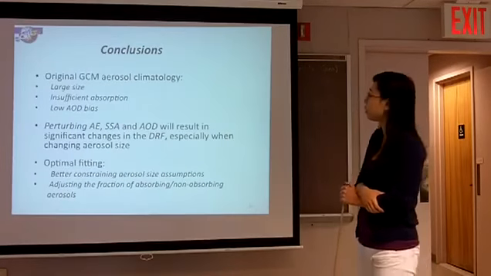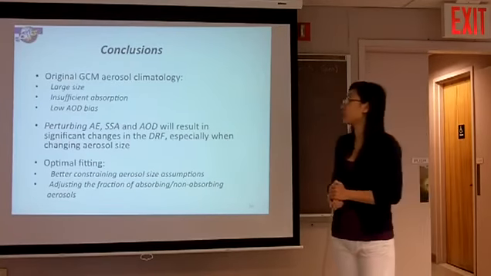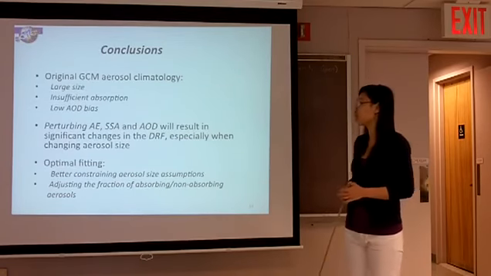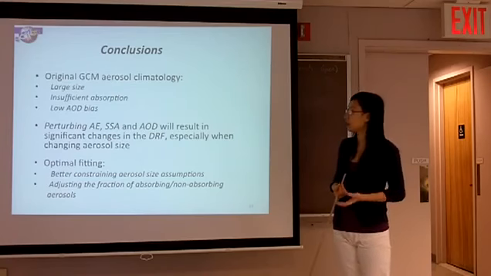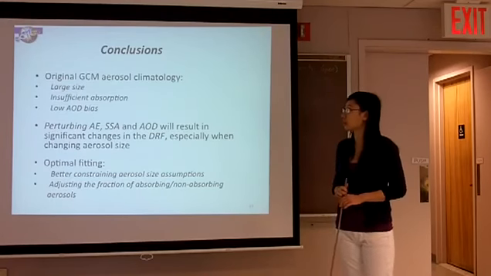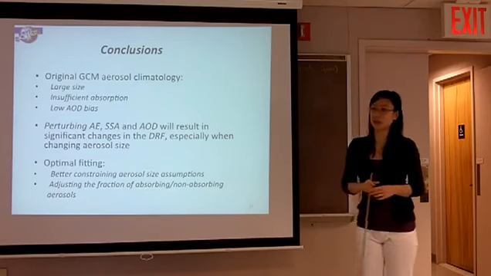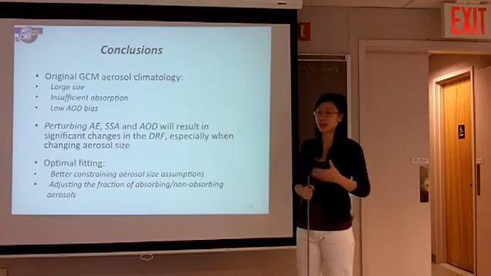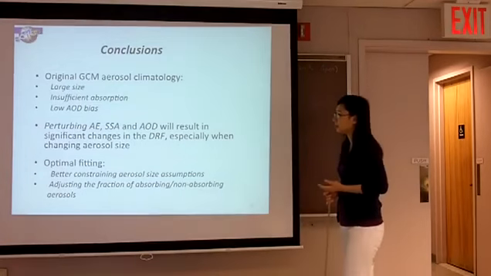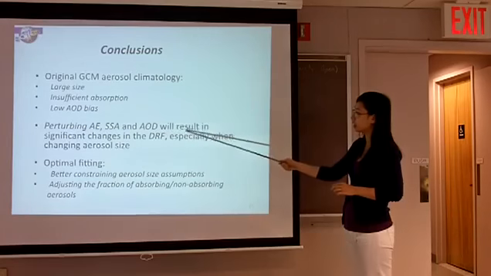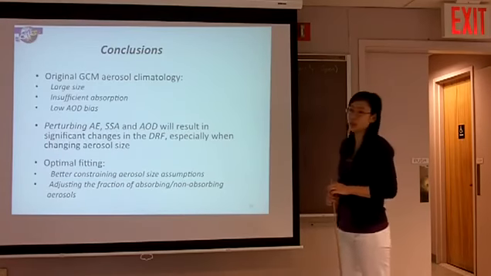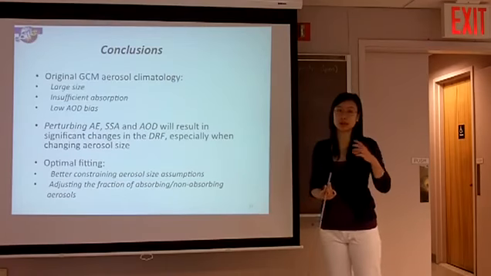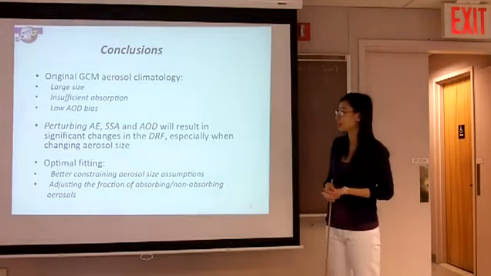So in conclusion, we find that the original GCM aerosol climatology has some problems in size specification. The sizes may be too large, and we don't have enough absorption, especially over several key regions. And our optical depth is biased low overall. Also this sensitivity study here shows that the direct forcing can be very sensitive to changes in these parameters, especially to the adjustment of aerosol size.